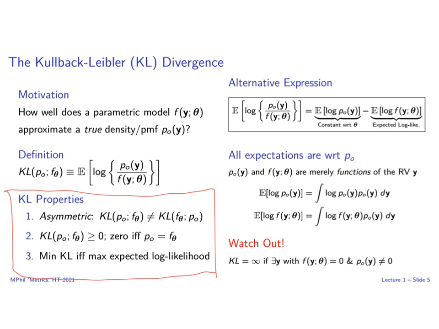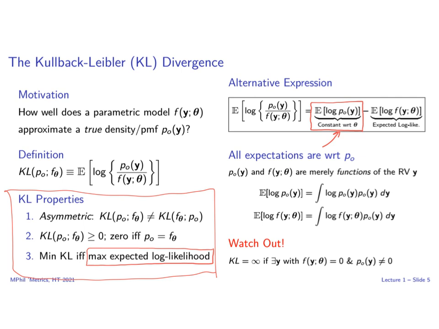Finally, if we minimize the Kullback-Leibler divergence, that's exactly the same thing as maximizing the expected log likelihood. Now, why is that? A moment ago, I told you that the first term in this alternative expression for the Kullback-Leibler divergence is a constant as far as our model is concerned. It doesn't know anything about f, it doesn't know anything about theta.